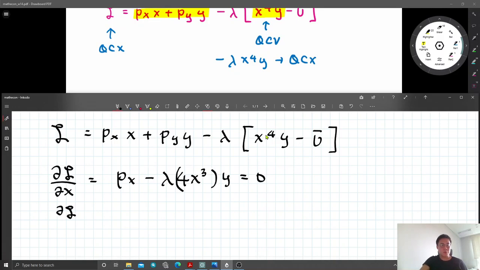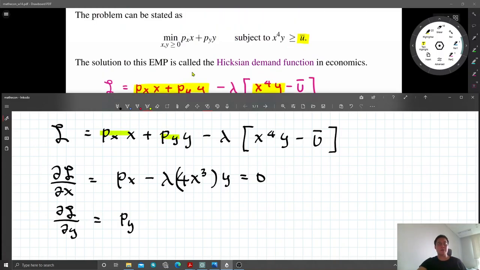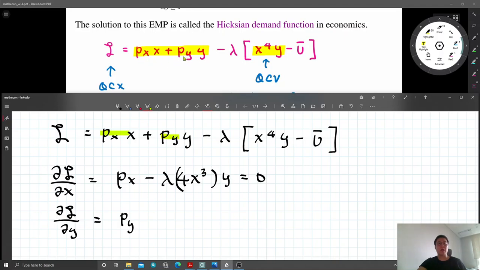And with respect to y, pxx is a constant, and pyy becomes p sub y. Remember, px and py are not variables, they are constants, the given prices. So given the prices of good x and good y, what is the least cost?